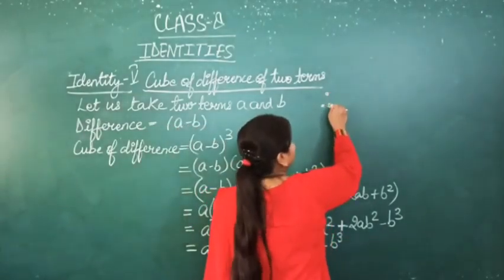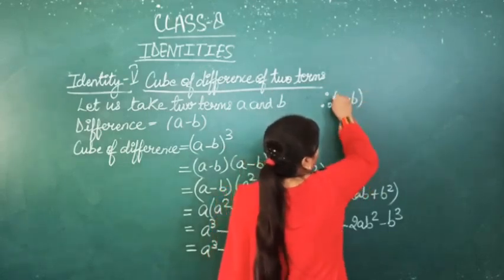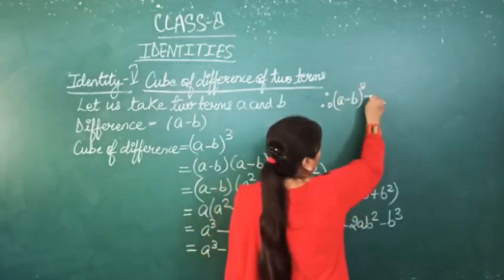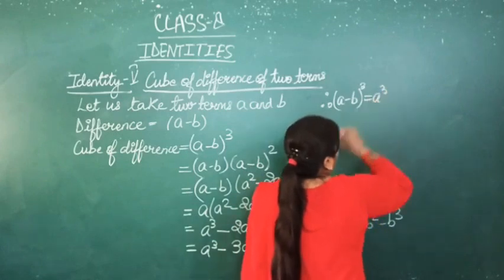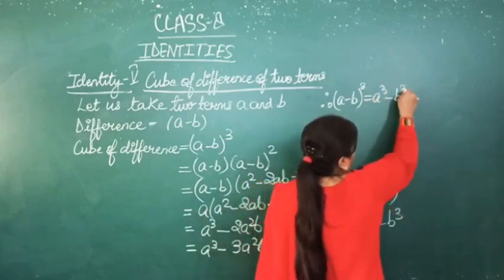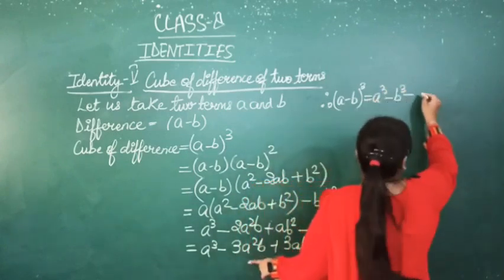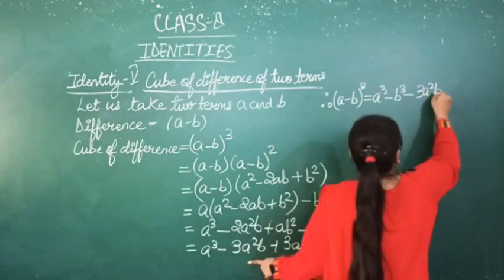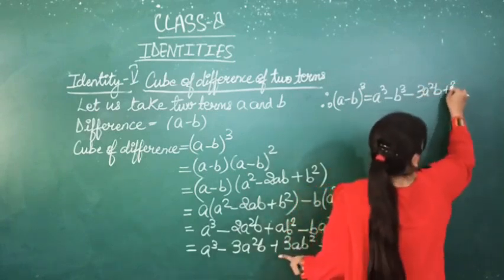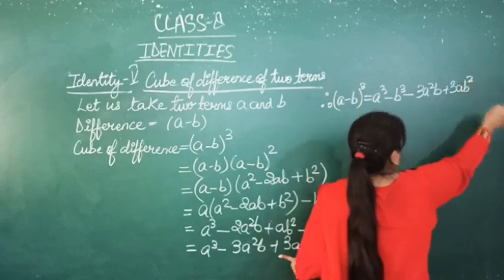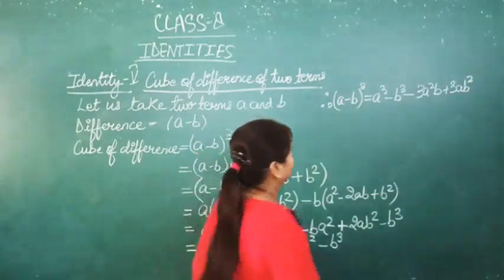Therefore, (a minus b) whole cube is equal to a cube minus b cube minus 3a square b and plus 3ab square.